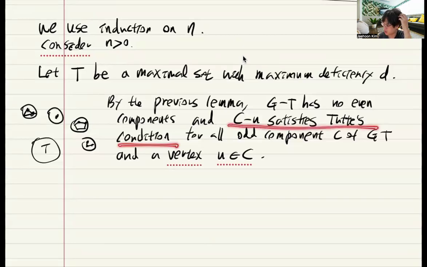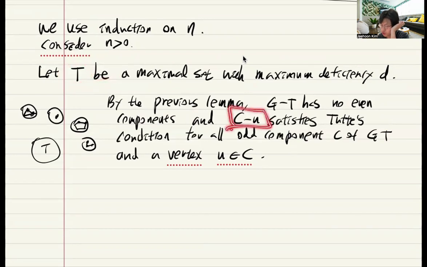and this satisfies the Tutte condition, then you apply the induction hypothesis, and C is the same as G. If T was the empty set, C and G are the same. You take out the one vertex set, then the remaining one is still a smaller one. So no matter whether T is empty or non-empty, it doesn't matter.